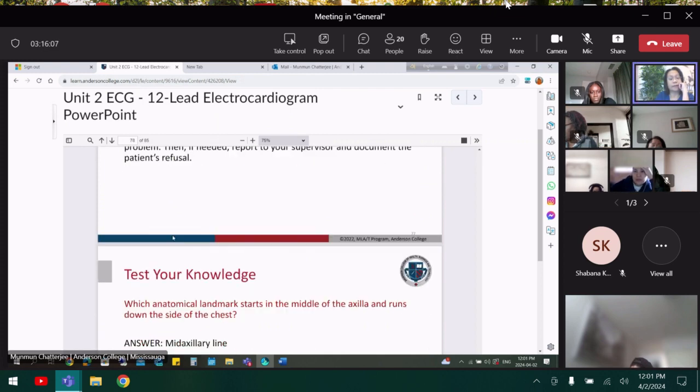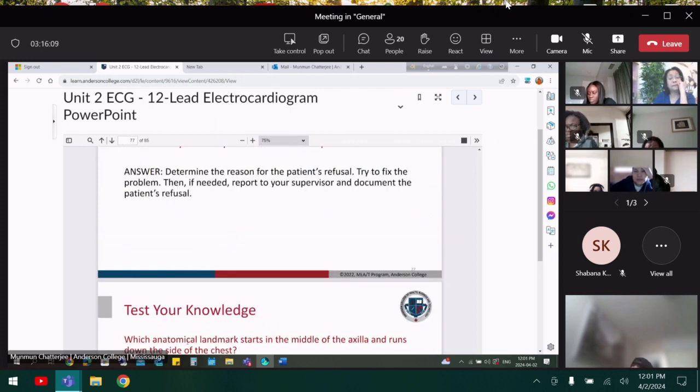Which anatomical landmark starts in the middle of the axilla and runs down the side of the chest? Mid axillary line. Which electrode do we place there? V4, or V5, or both?